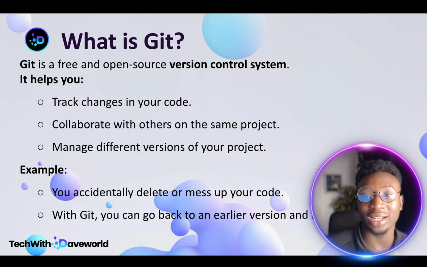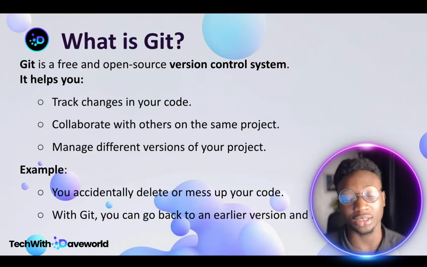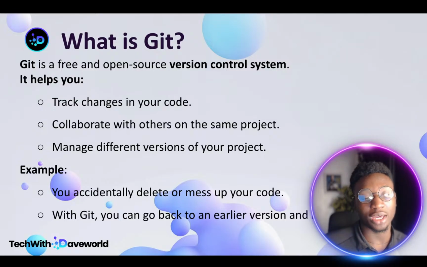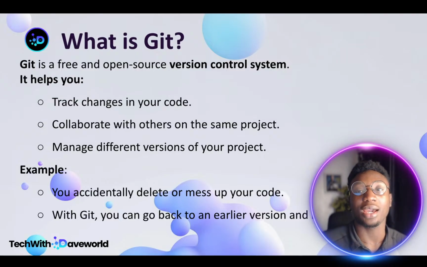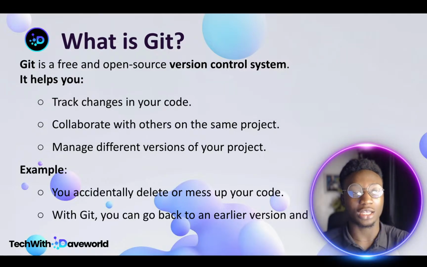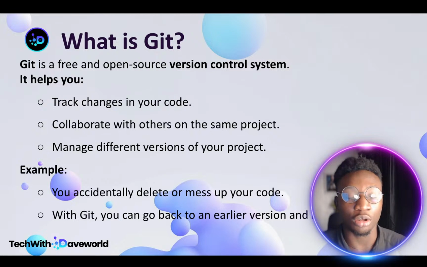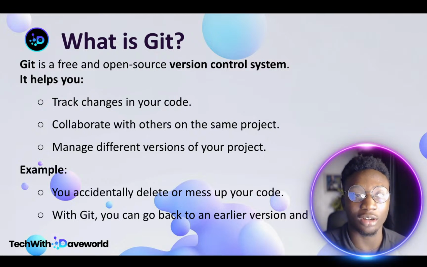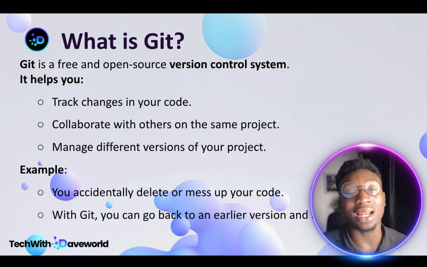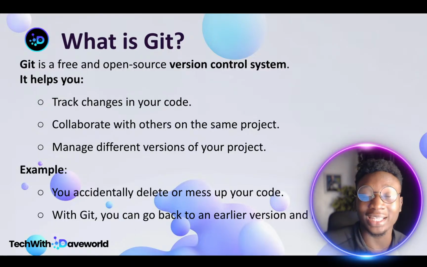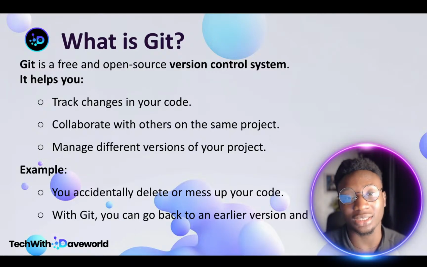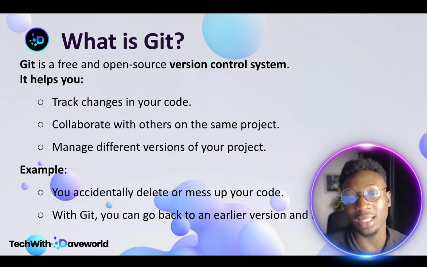Another usefulness is it collaborates with others on the same project, right? So for example, if you are working on a large scale project and there are different developers working on different teams, Git can help you to collaborate with other developers, so that when a developer makes changes here, you're going to see that, okay, this change was done by this developer. It also allows you to collaborate in such a way that when you are performing a particular task, you can tell the developer that, okay, I'm working on this task, please don't touch this task, in order not to have conflict, right?